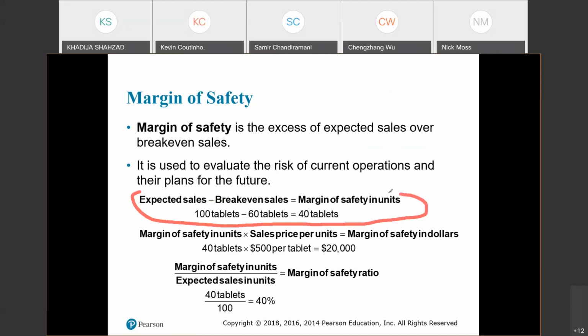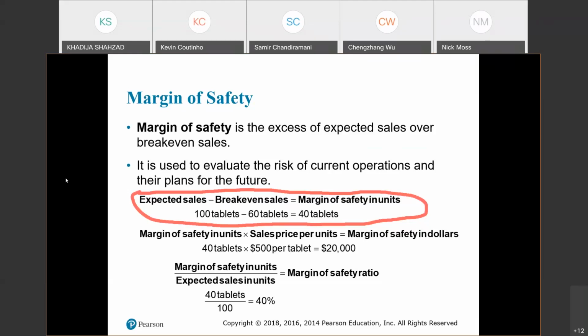In units, the margin of safety is calculated as expected sales minus the sales level at break-even point. Well, in this case, we use the expected sales of 100 tablets minus 60 tablets at break-even point. We get 40 tablets. So the margin of safety expressed in terms of units is 40 tablets.